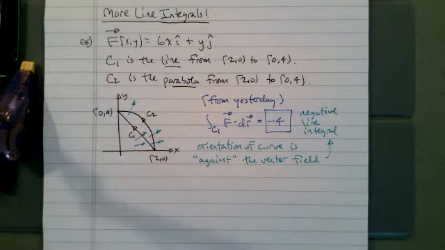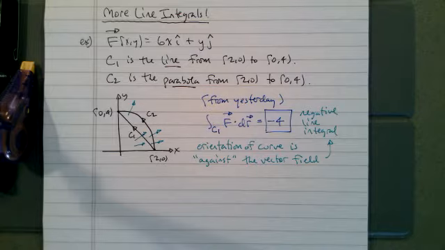If you'd recall, yesterday we calculated a line integral of this vector field, 6xi plus yj, over the curve C1, which was the line from (2, 0) to (0, 4). That was a lot of fun because we got to parameterize the line.